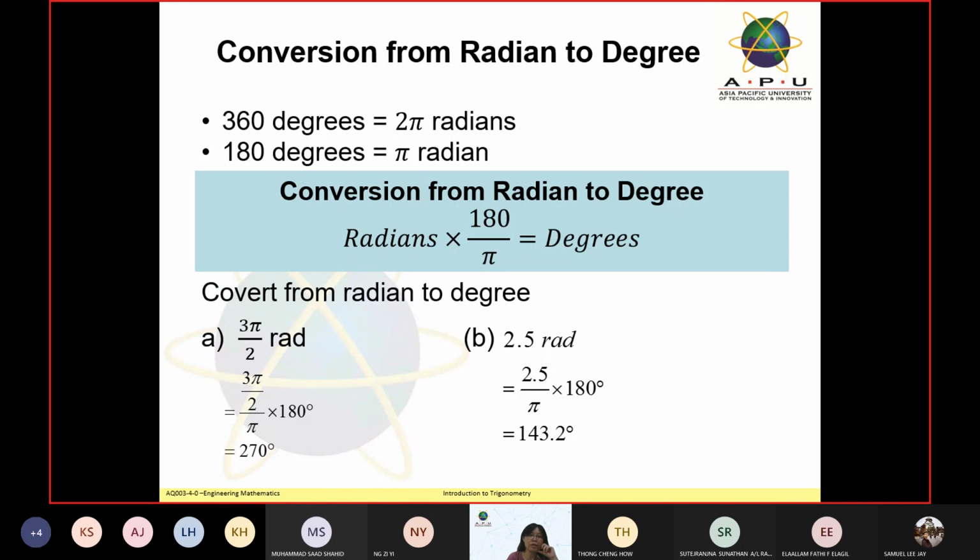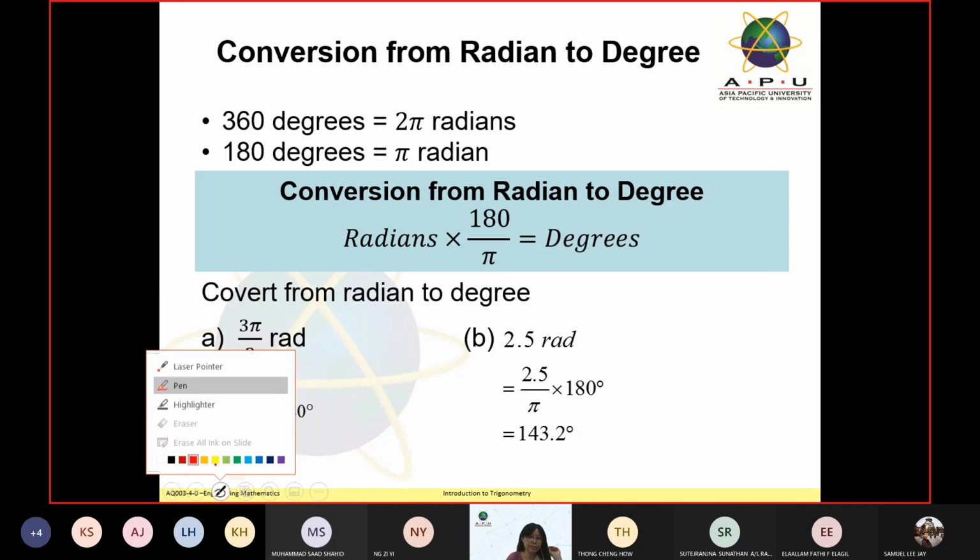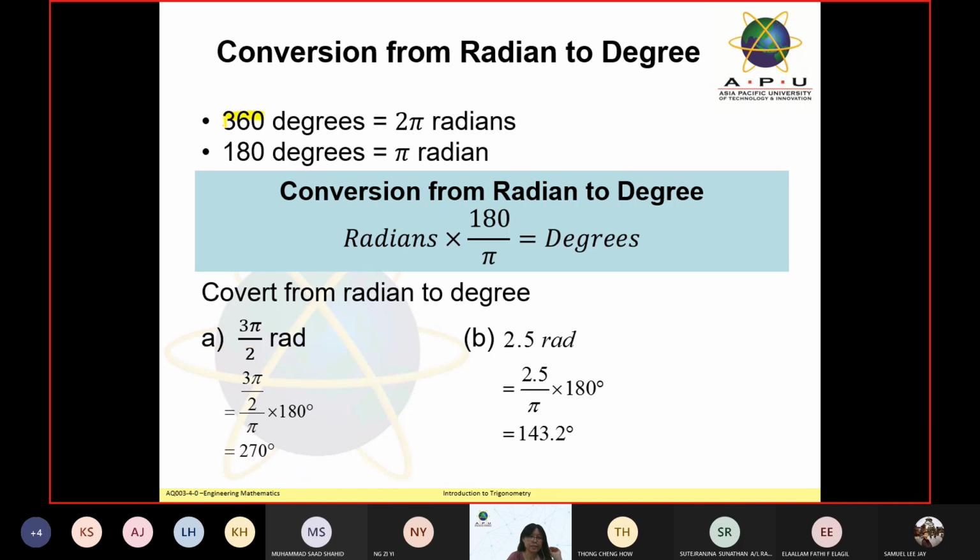For your information, 360 degrees is actually equal to 2 pi radian. So pi radian will be equal to half of 360, which is 180 degrees. This is the relationship between pi radian and degree.